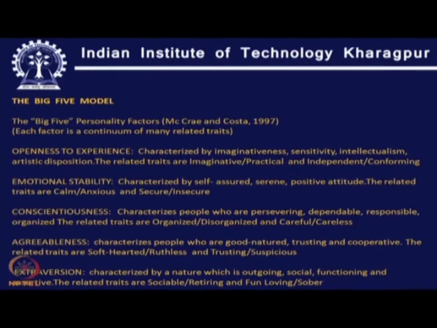It tells about openness to experience, characterized by imaginativeness, sensitivity, intellectualism, artistic disposition, and emotional stability. Conscientiousness characterizes people who are persevering, dependable, responsible. The related traits are also listed alongside.